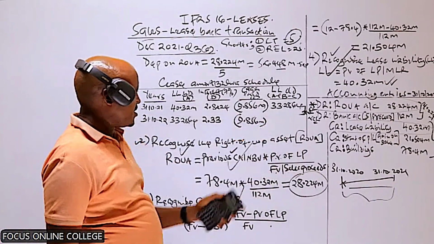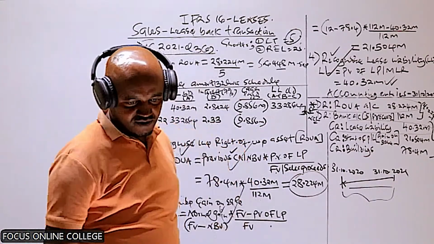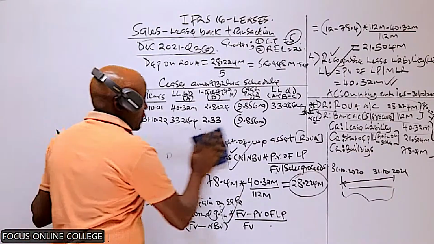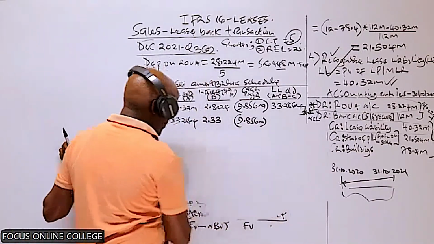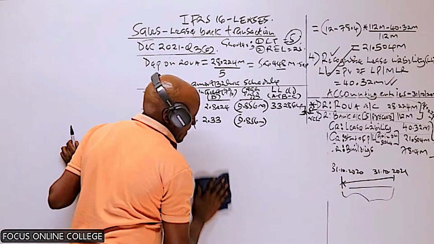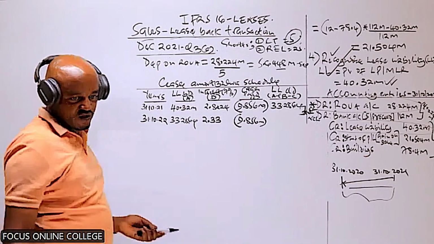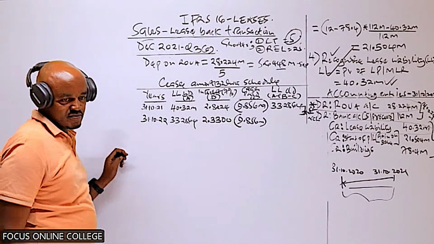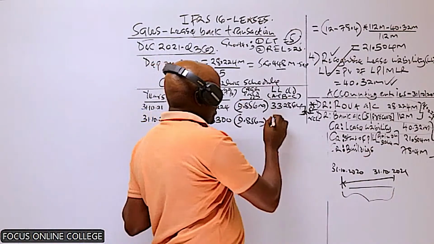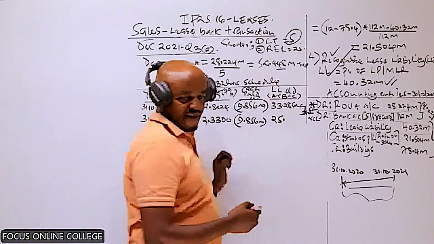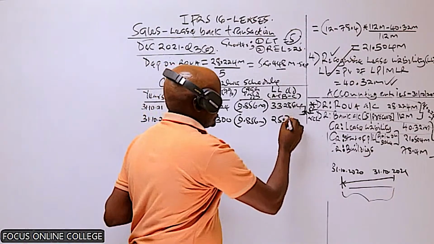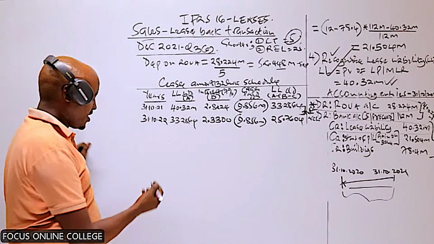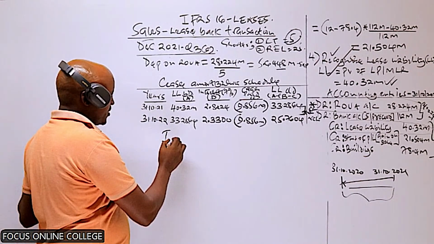So give me the lease liability at the end of year 2. 25.7604. Yes, and having that, we can finalize by preparing the financial statement extract.